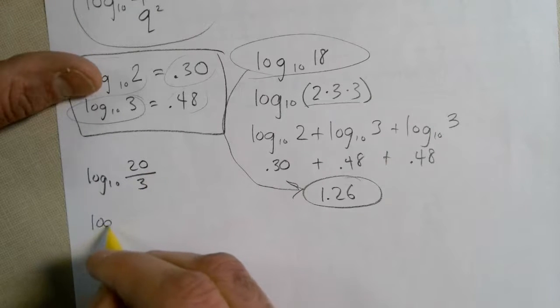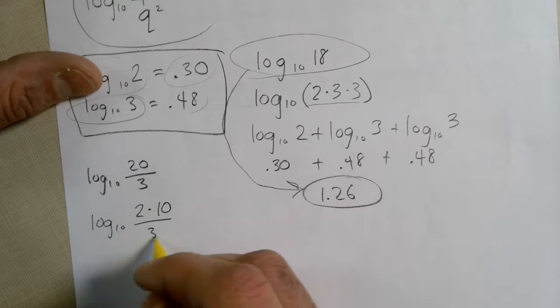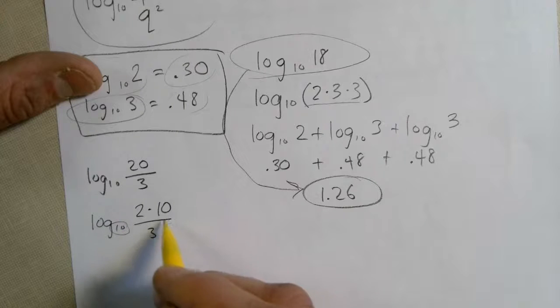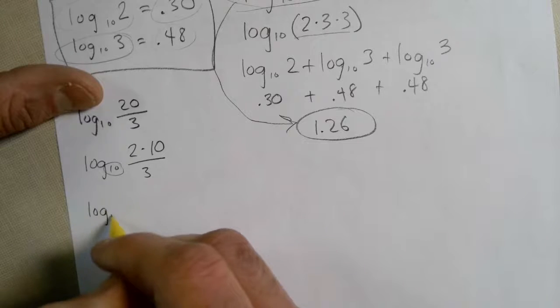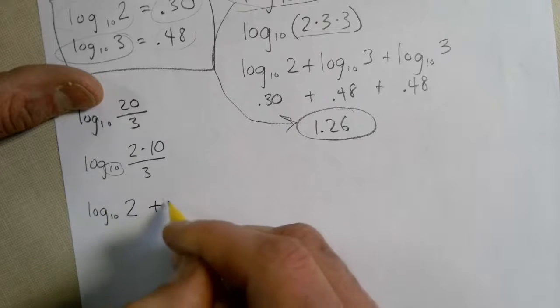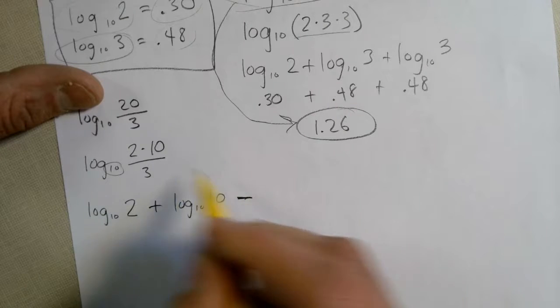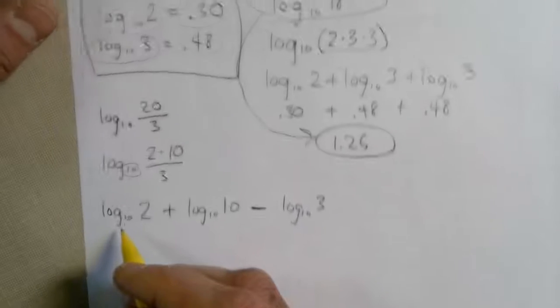So log base 10 of 2 times 10 divided by 3. Now 10's okay because we have a base of 10. I'll show you what happens there in a second. So log base 10 of 2 plus log base 10 of 10 minus, because it's division, log base 10 of 3.